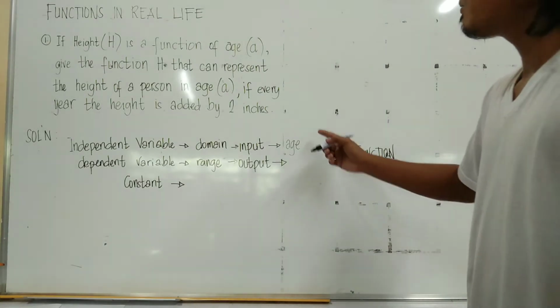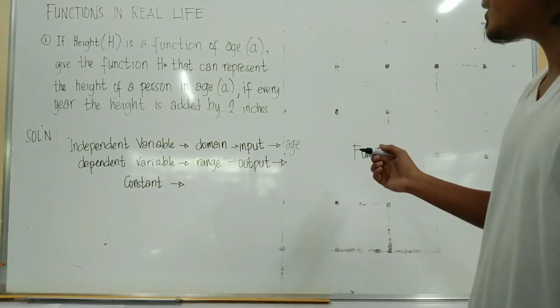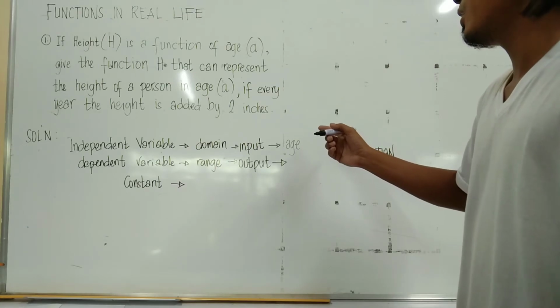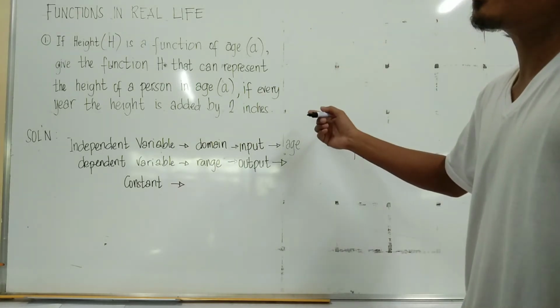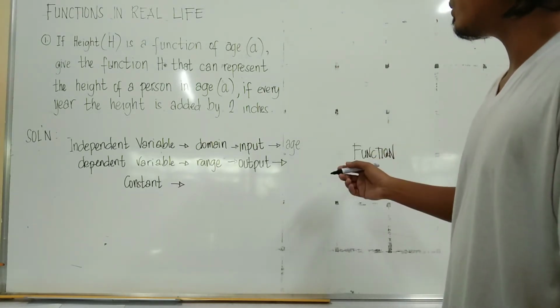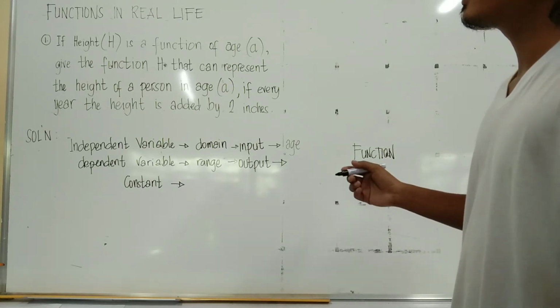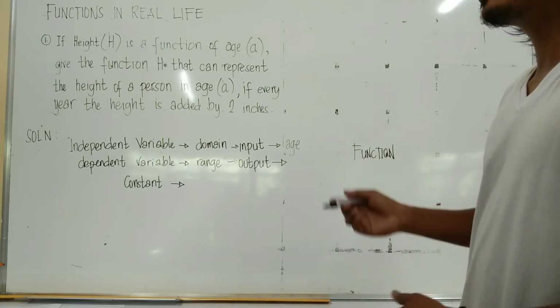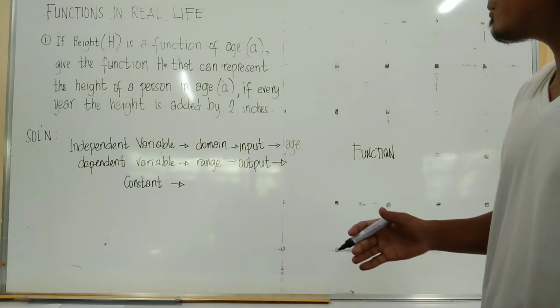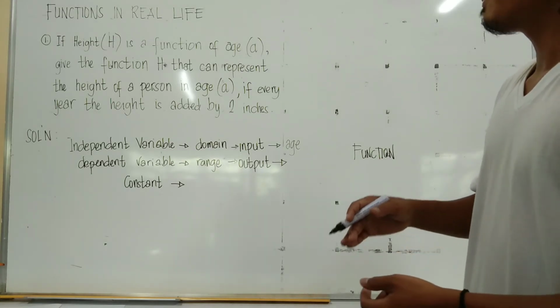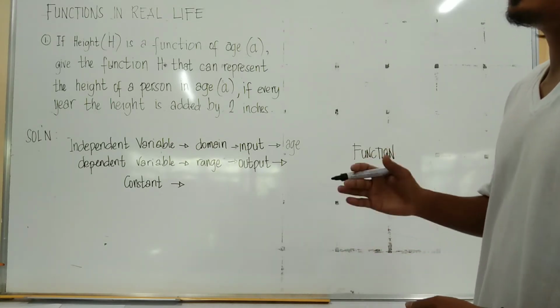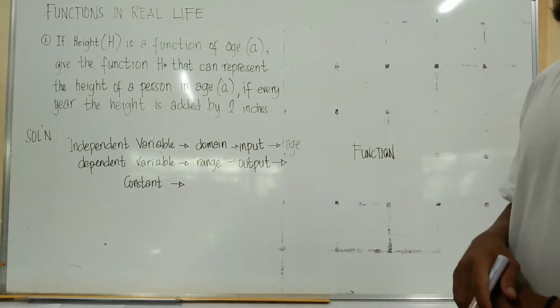By understanding the problem, we can say that the height of a person depends on his or her age. As time or years pass, the height is increasing.